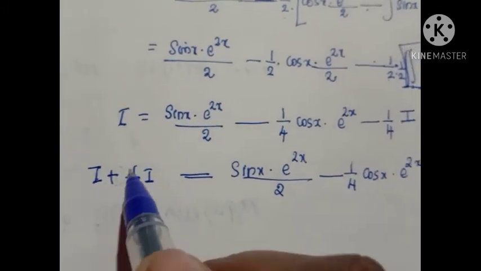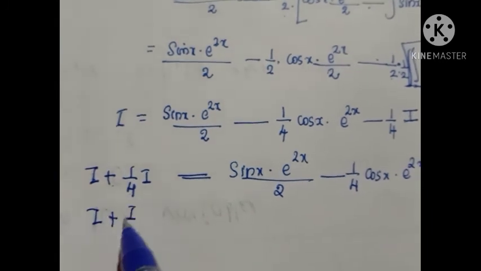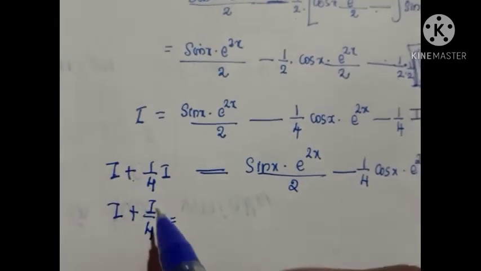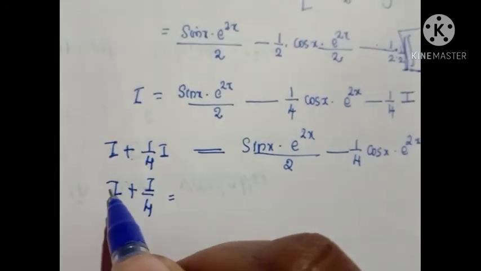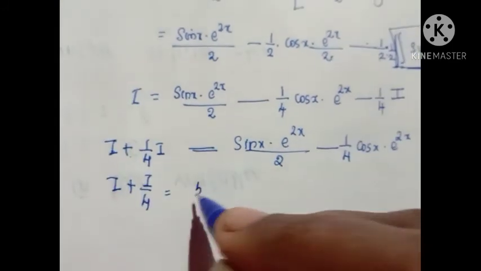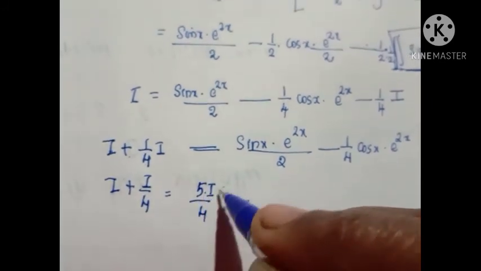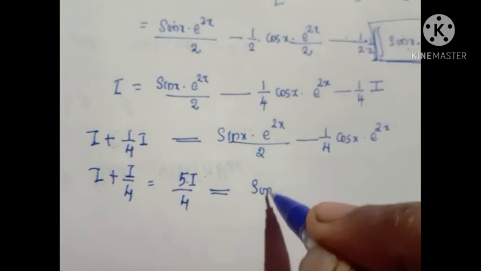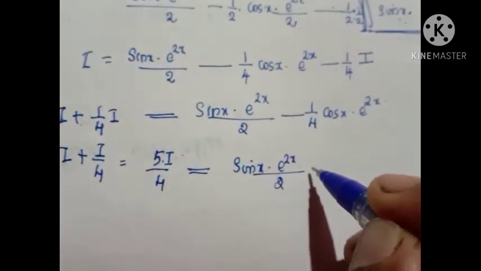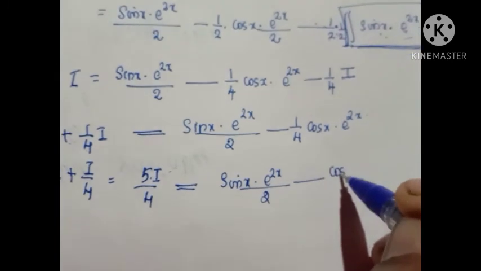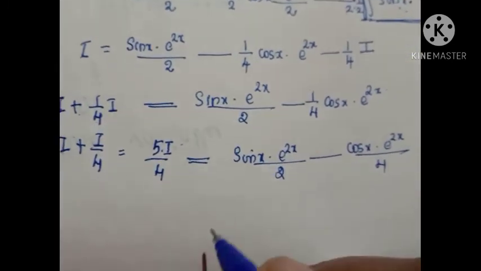Now I plus 1 by 4 I, that is I plus I by 4. Taking LCM or cross multiplication, we can see that 4I plus I, 5I by 4. Okay, 5I by 4 equal to sin x into e raised to 2x by 2 minus cos x into e raised to 2x by 4.